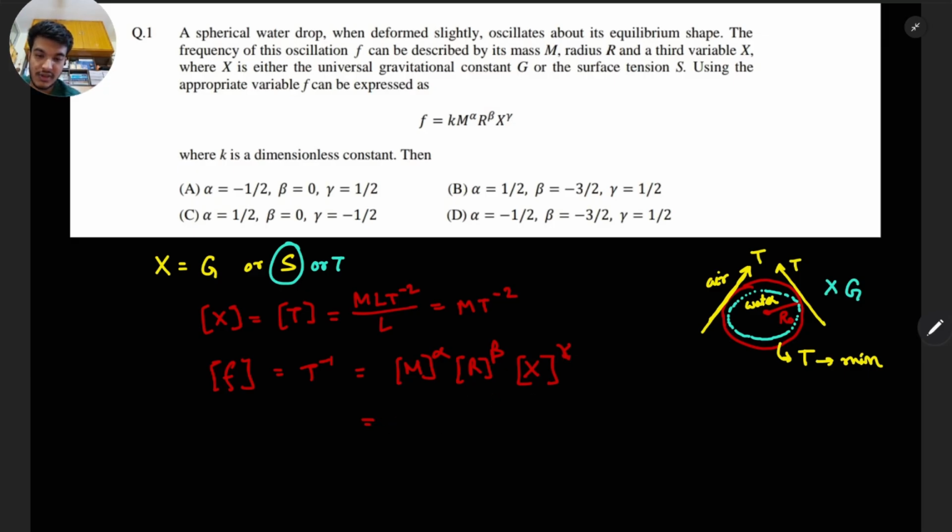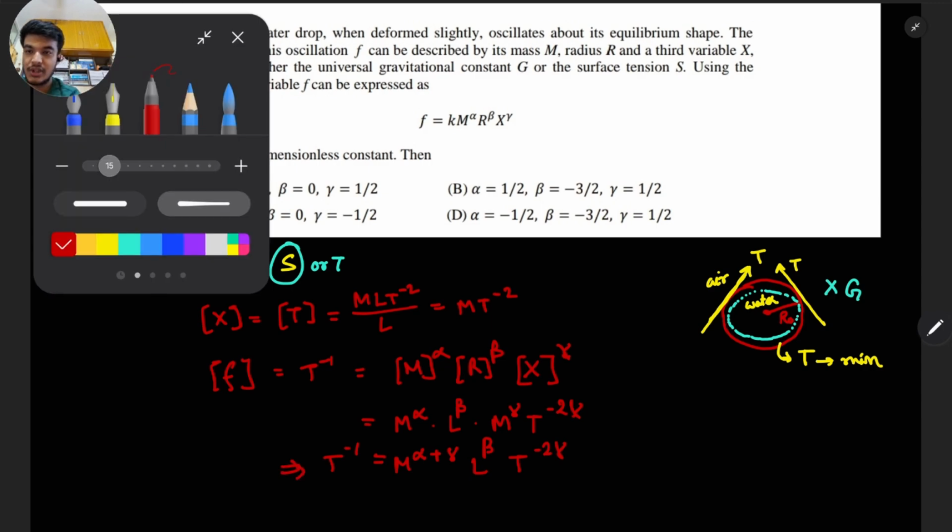So if I equate this, it is M^alpha, L^beta, M^gamma T^(-2 gamma). Further solving this equation, we get this, which is equal to T^-1.